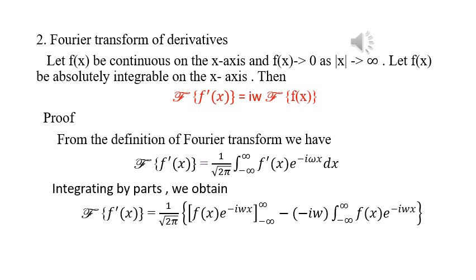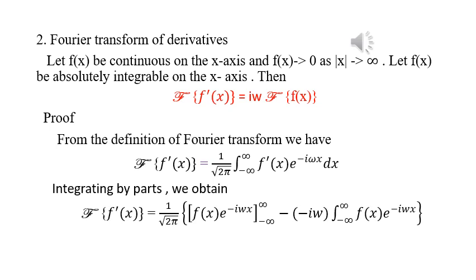Therefore, we have to integrate it. So f dash of x becomes f of x here. And e raised to minus i omega x is taken as the first function. So the first function is written as it is. So that is e raised to minus i omega x into f of x from minus infinity to infinity.